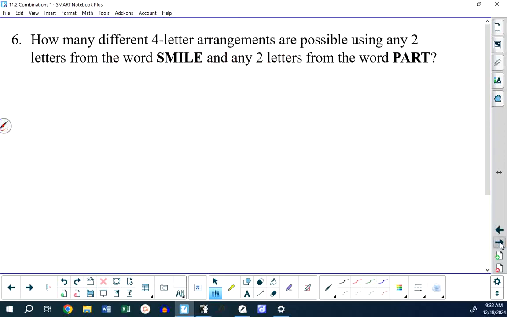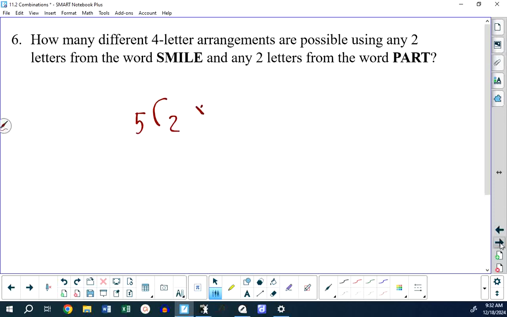How many different 4-letter arrangements are possible using any 2 letters from the word smile and any 2 letters from the word part? Well, what do you have to do here? You need to choose two letters out of the word smile, don't you? That's something you have to do. So that would be 5 choose 2.